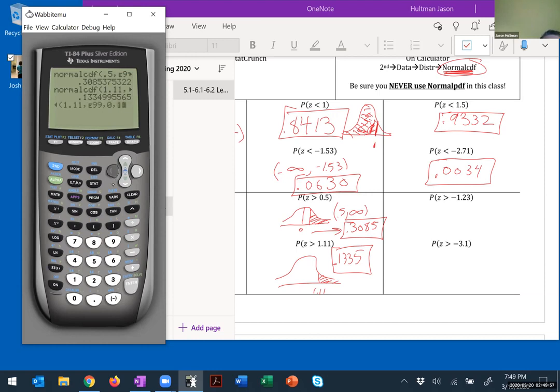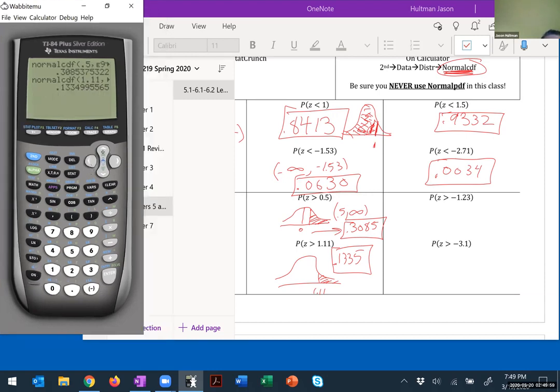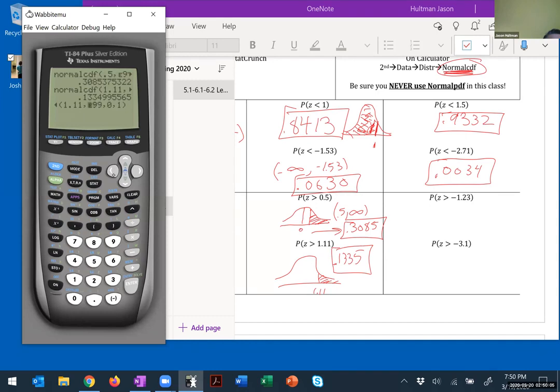Negative 1.25, E99, 0, 1, and I get 0.8907.